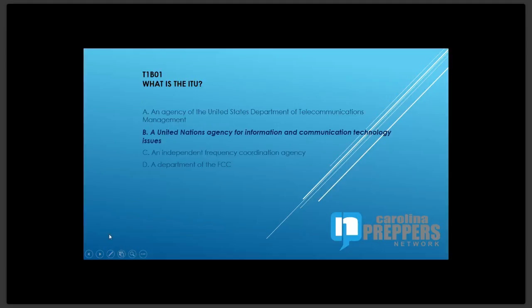What is the ITU? We saw this in some of the answers to previous questions. Somebody had asked about these questions, will the same choices that you see, will they be the same choices you see on the test? Yes.